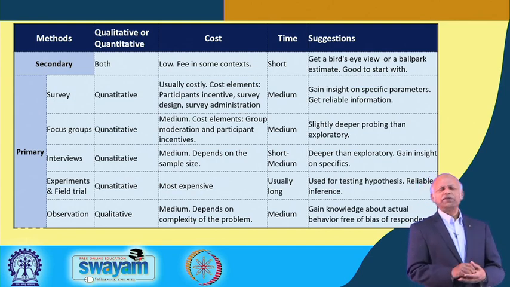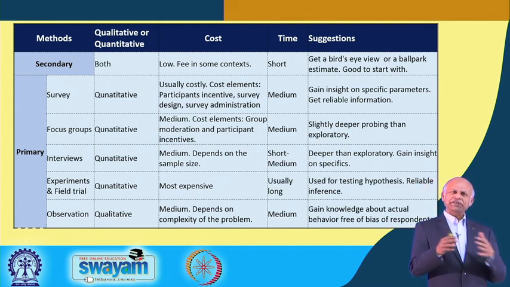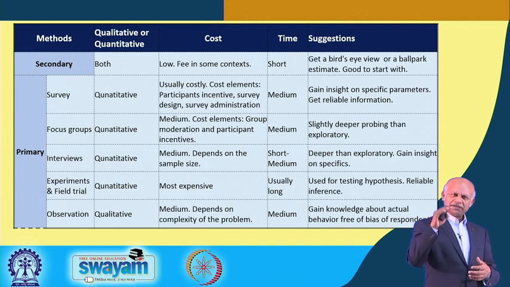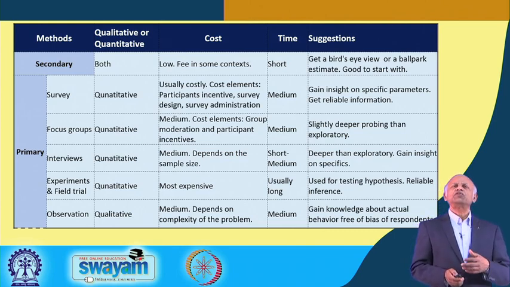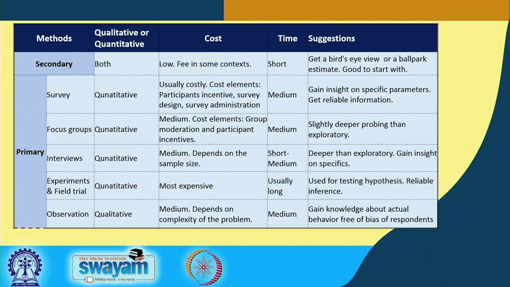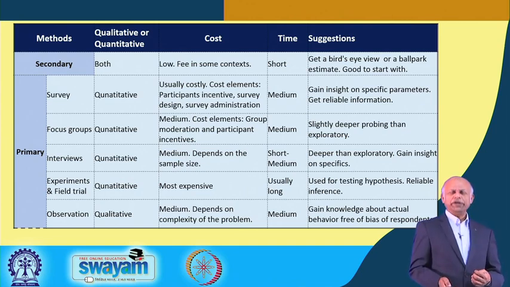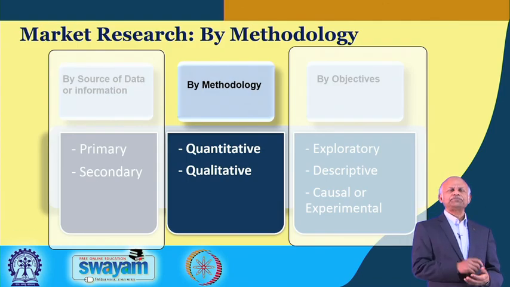This is a comparative chart between different types of primary research, secondary research, etc. This will take too much time for reading it out. So, I will make a quick move to the next slide.